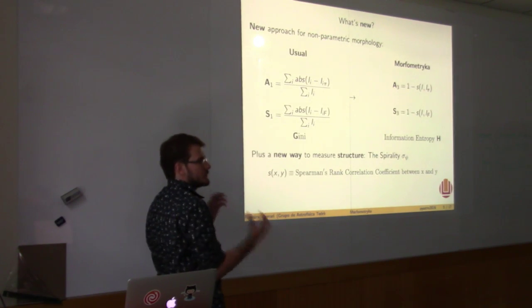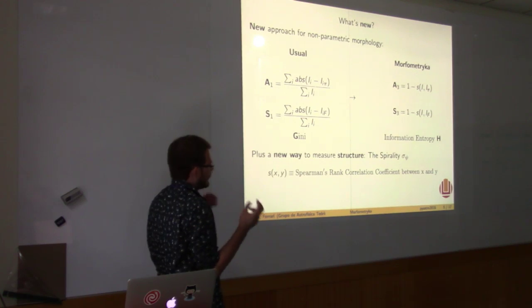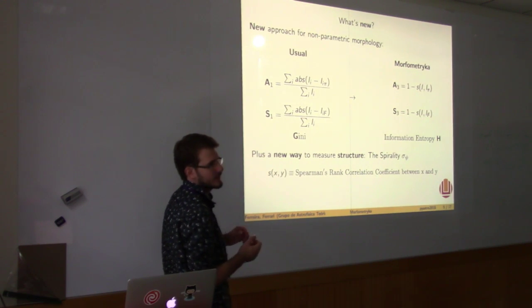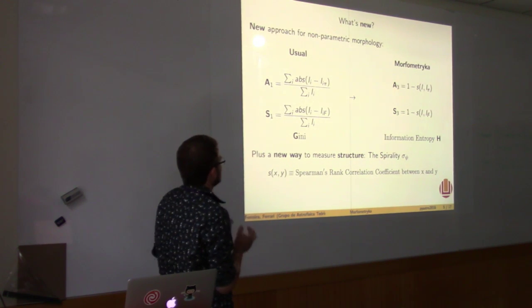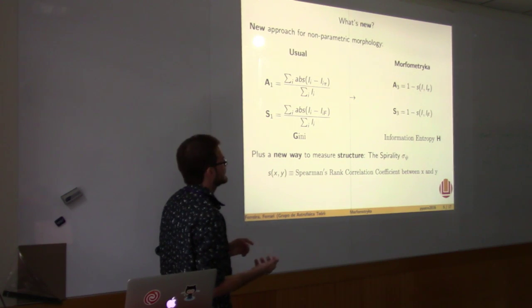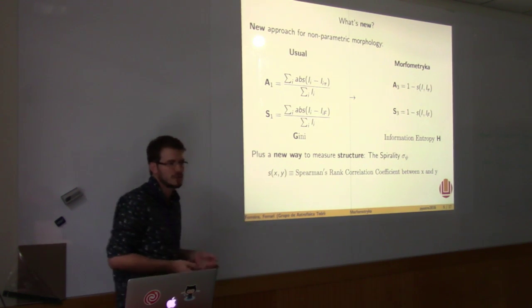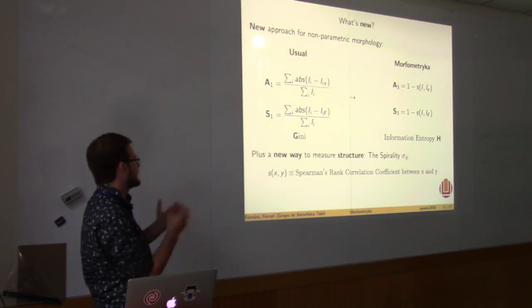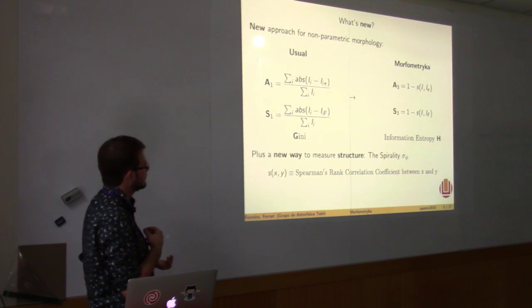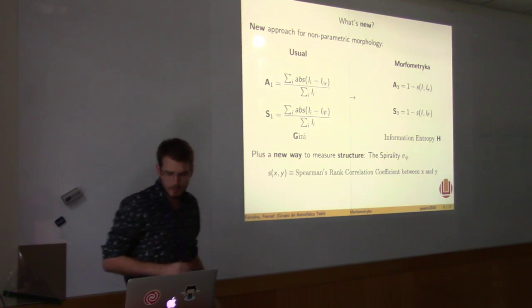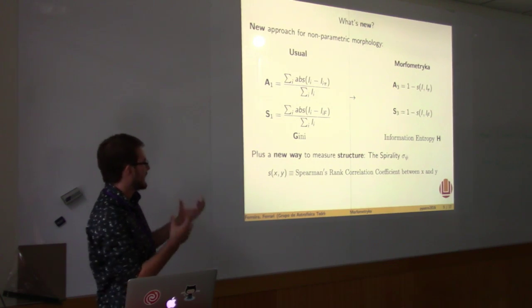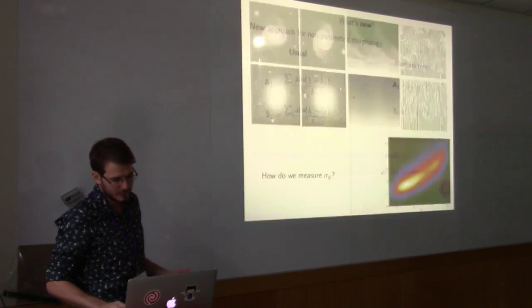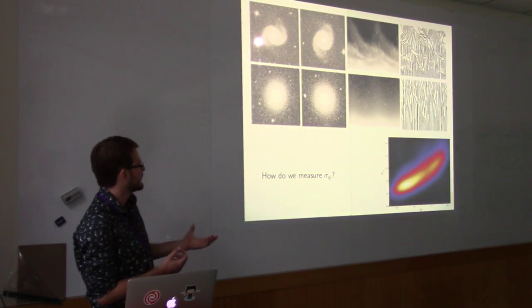Morphometrica takes the usual parameters for non-parametric morphology and changes them a little bit. It takes the asymmetry and smoothness and uses a Spearman rank correlation coefficient to do that. Instead of using the Gini coefficient, it uses the information entropy, and it has a new way of measuring structure. We call it spirality.